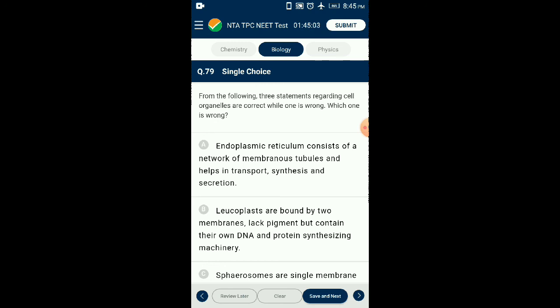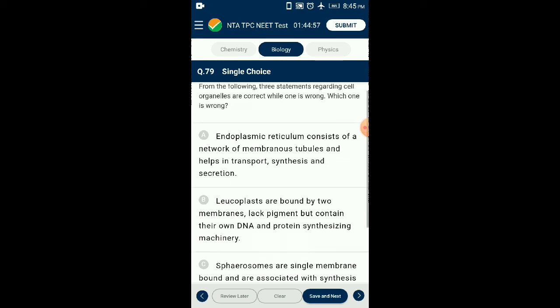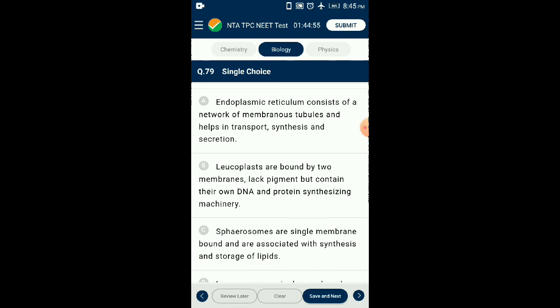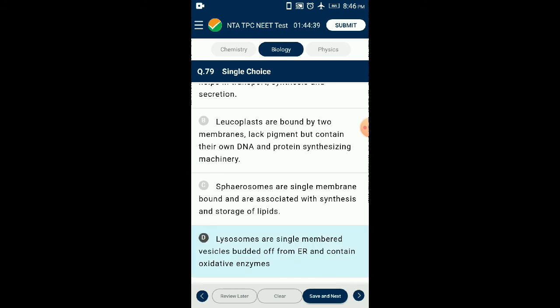That is also correctly given. C. Sphaerosomes are single membrane bound and are associated with synthesis and storage of lipids. So that is also correctly given. See the D. Lysosomes are single membrane vesicles budded off from the endoplasmic reticulum and contain oxidative enzymes. So that is wrongly given.